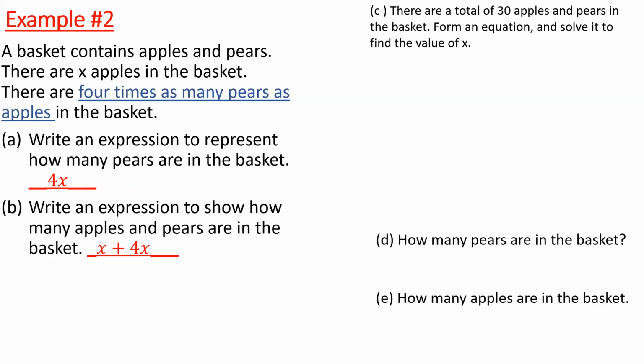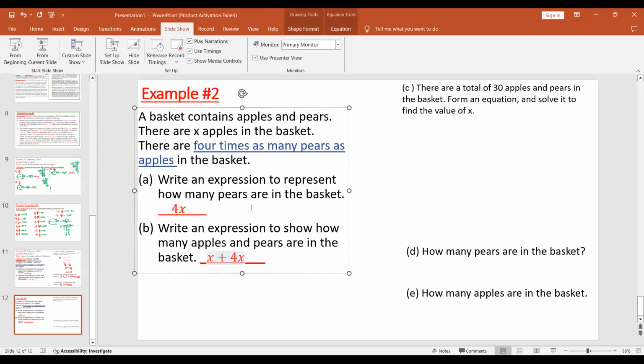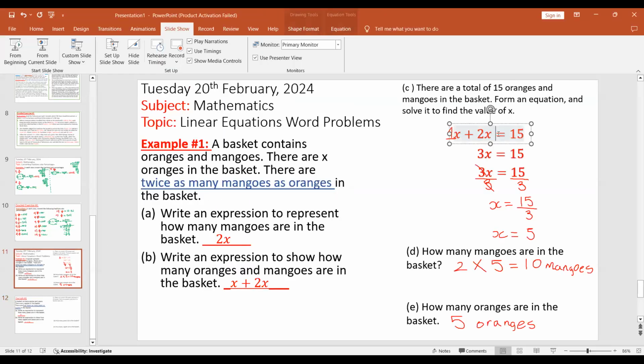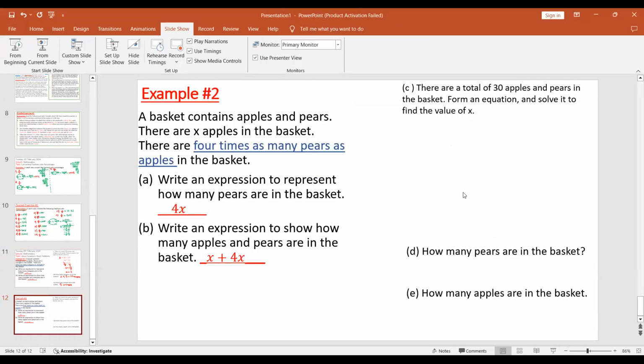Okay, so now that we got that, I want us to figure out, there are a total of 30 apples and pears in the basket. Form an equation to find the value of x. What's the first thing we're gonna do?